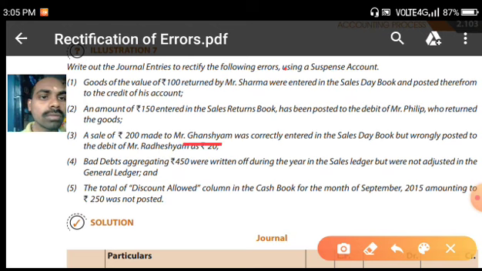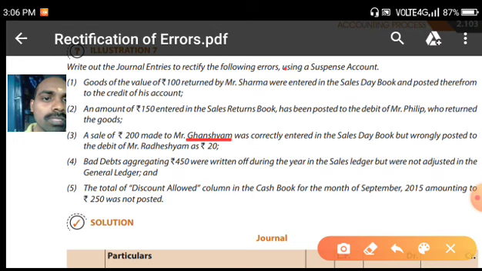Whom did we sell to? We have sold to Ghanshyam. It was correctly entered in the sales day book, so there is no problem in sales.